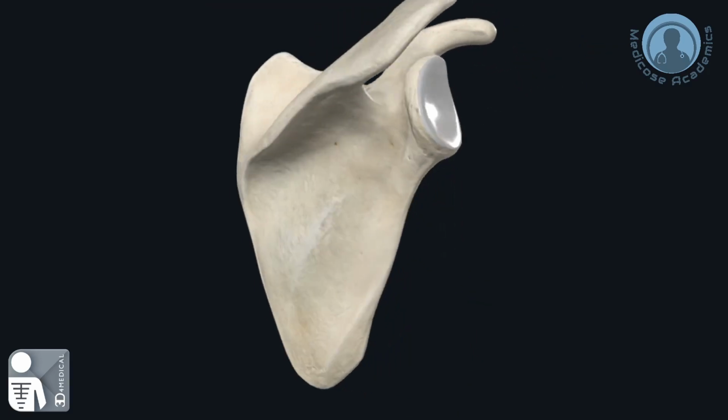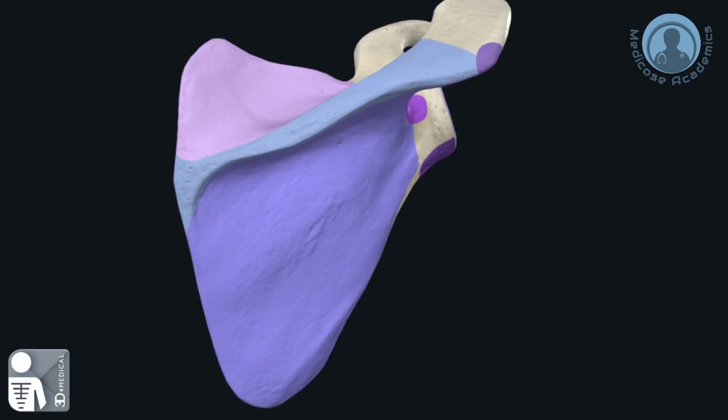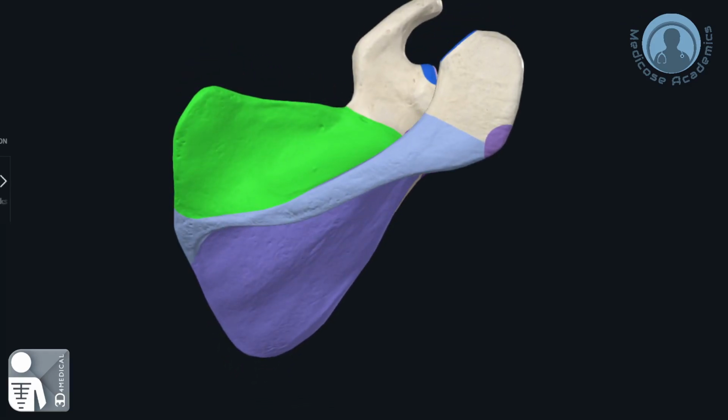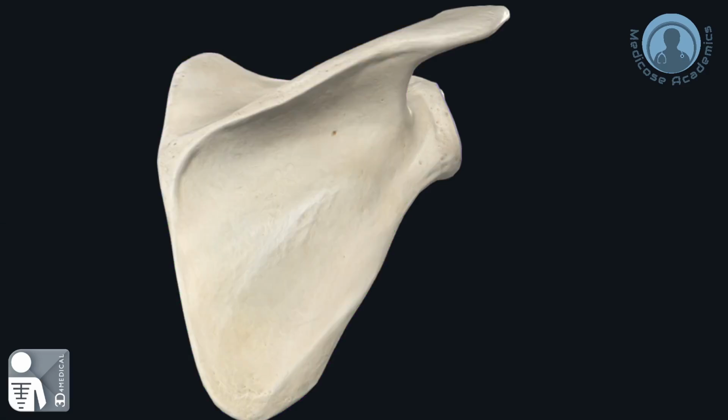When we look at the dorsal aspect, you can see dorsal aspect is convex and it is divided into parts by the spine of scapula. These parts are called supraspinous fossa, the part that is above the spine of scapula, and infraspinous fossa, the part that is below the spine of scapula.